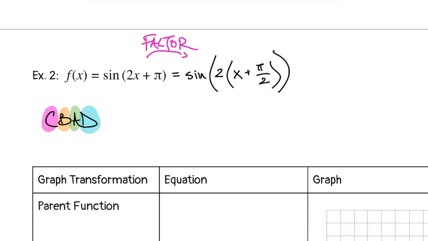So like, how do we know what letters are what? I would disagree with you.